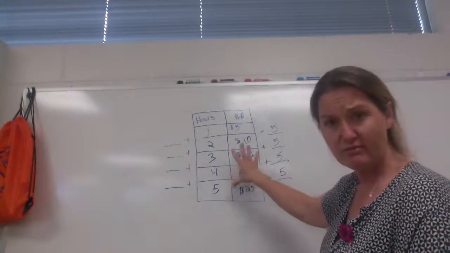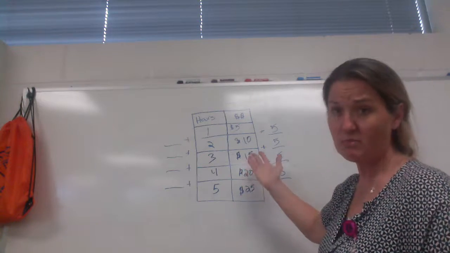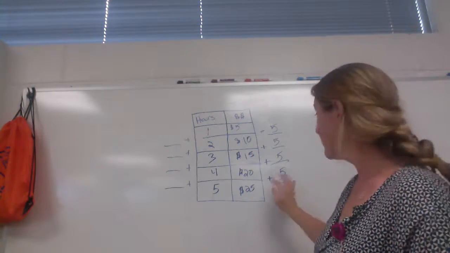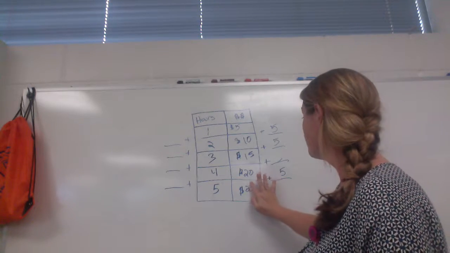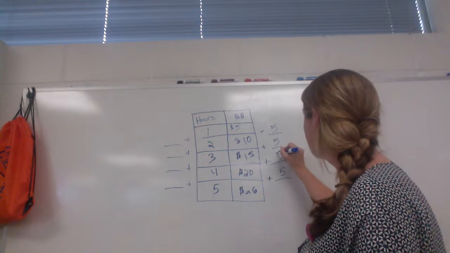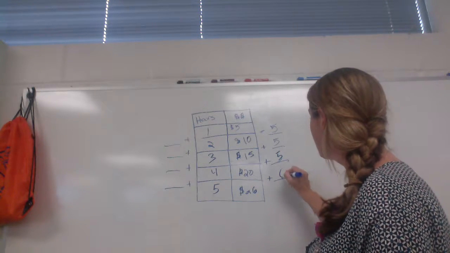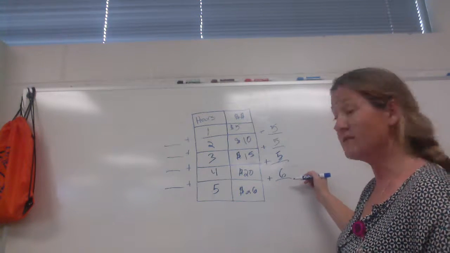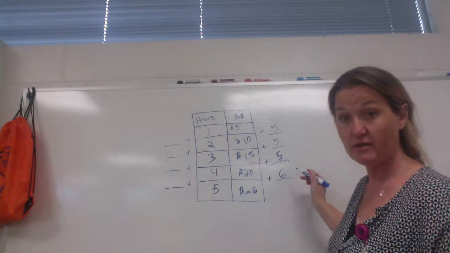That would mess up this system. He'd still be happy and make a lot of money, but now these numbers are no longer all the same. It is no longer a constant rate.